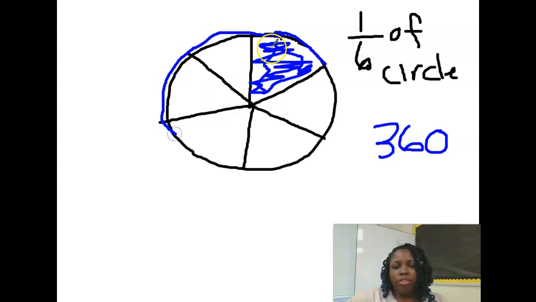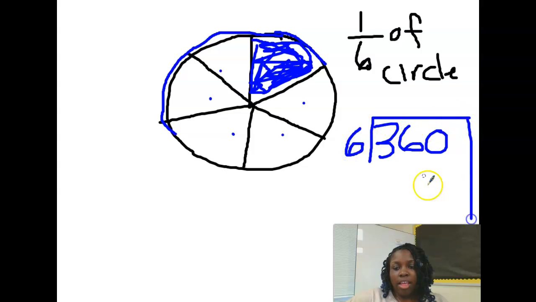But if I want to know how many degrees are in one section, I have to divide by how many sections there are. There are 6 sections, so 360 divided by 6.